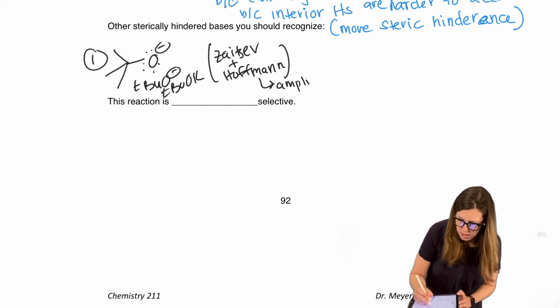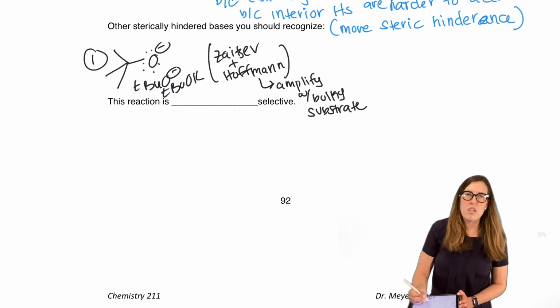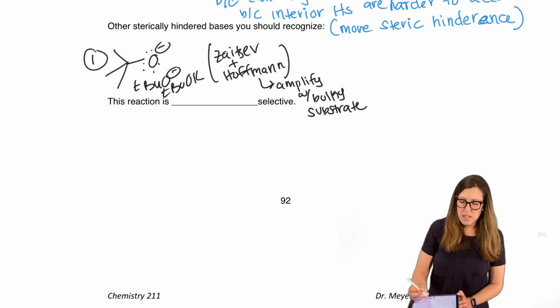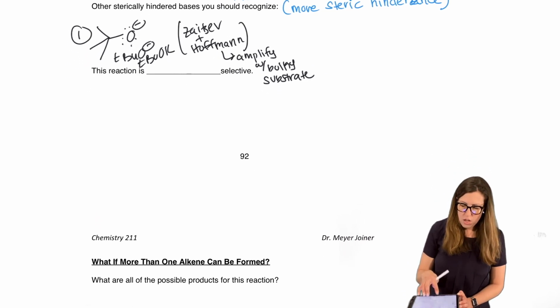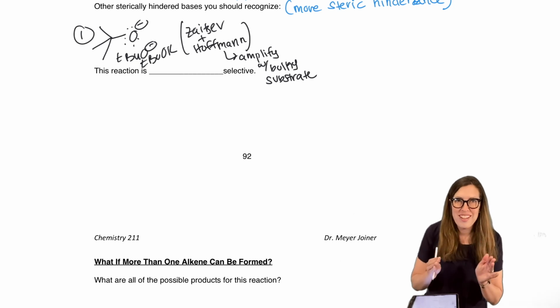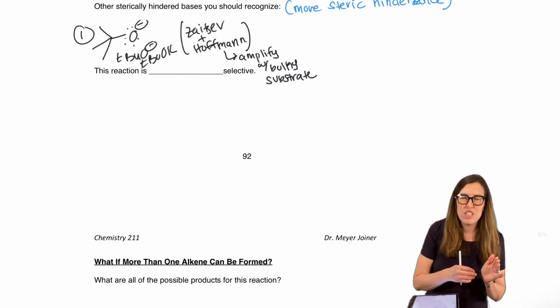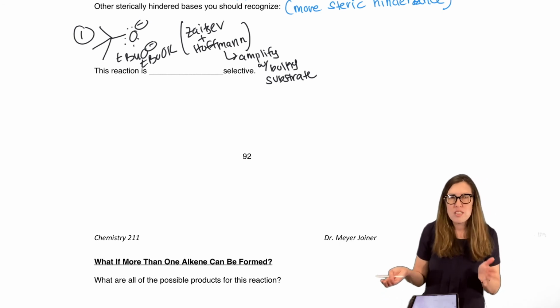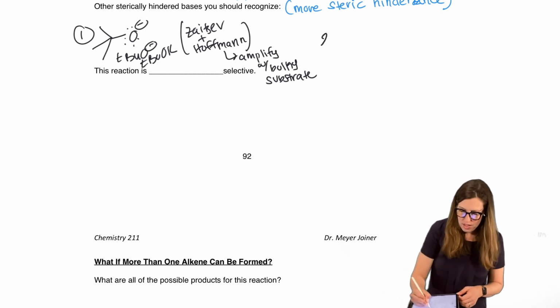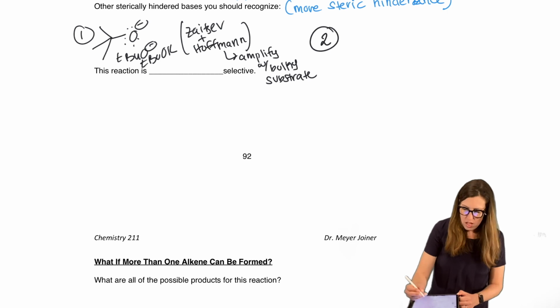So I'm going to say amplify with bulky substrate. So if your substrate's not bulky, it's most likely to still give you Zaitsev. It's just not quite enough, but it's at that borderline. So if your substrate is bulky, so it's still hard to get into those other H's, then T-butoxide's good enough. Ethoxide still wouldn't cut it.